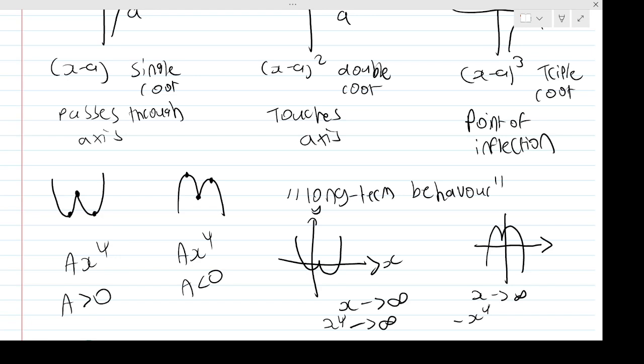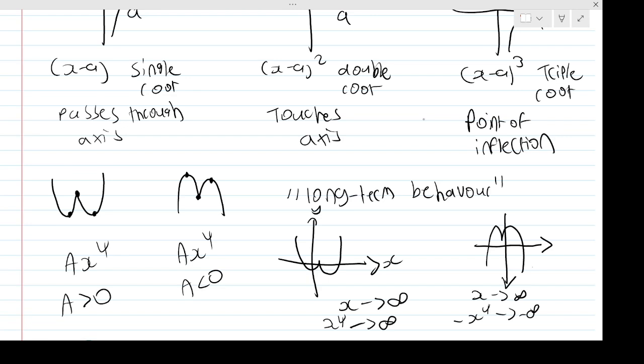It's a really big number. But if we negate that, well, the negative of a really big number is a negative big number, right? So it's going to go downwards to negative infinity, okay? So instead of going upwards, in this case, it's going to go downwards to negative infinity. So that's the long-term behavior.